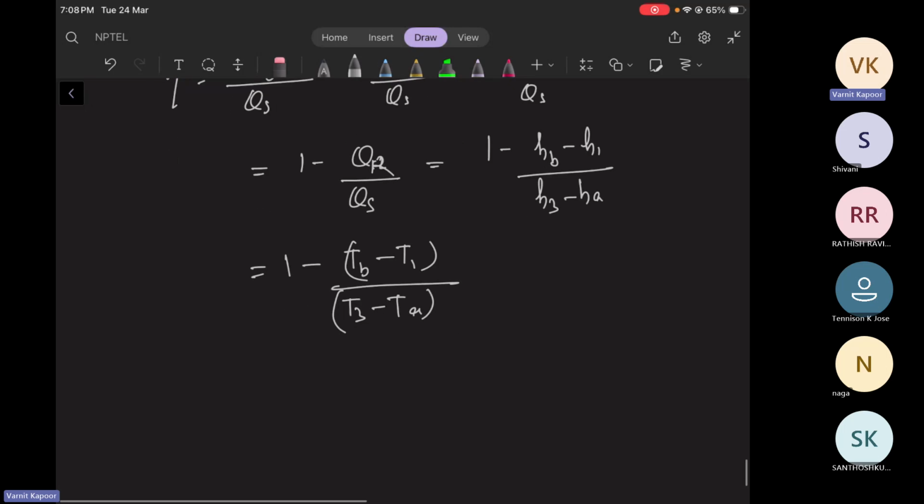And in the ideal sense, effectiveness is 100%. That means TB will be equal to T2 and TA will be equal to T4 for ideal regeneration.